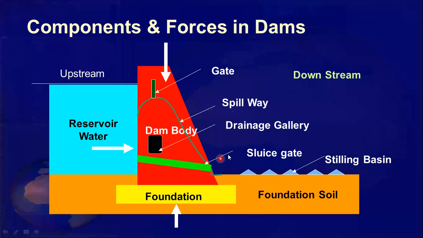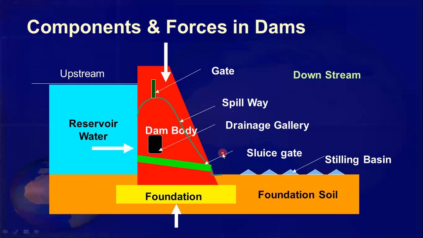Now, what is the use of this sluice gate or this tunnel? This tunnel is used to remove the saturated silts on the upstream side. When this sluice gate is opened, this saturated silt material flows over to the downstream side.